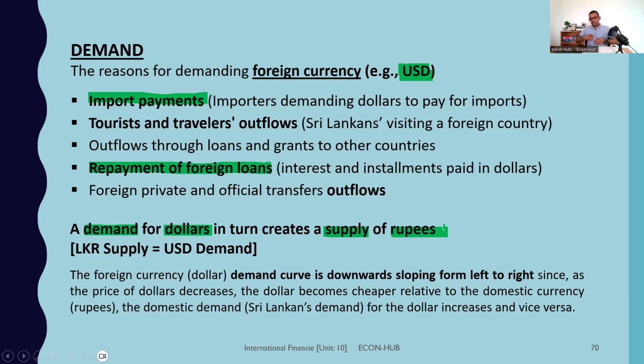Why? You have to pay in rupees to buy dollars. So whenever we are demanding dollars, we are creating a supply of rupees. Supply rupees, demand dollars. So the dollar demand is the rupee supply.